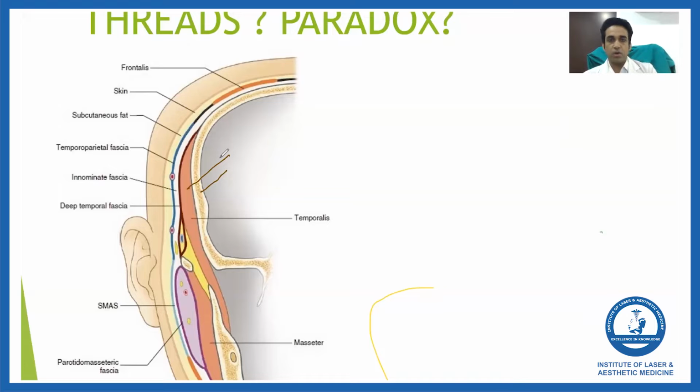As long as you are superficial to the fascia, you are safe. But as you go down, in case of this particular area, you see there are certain structures present in between the fascia. These structures, if you use a wrong technique, you might injure.